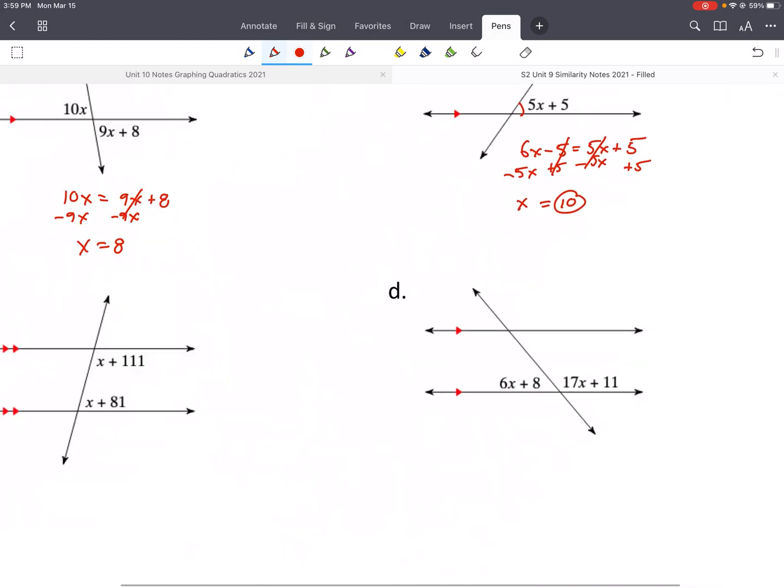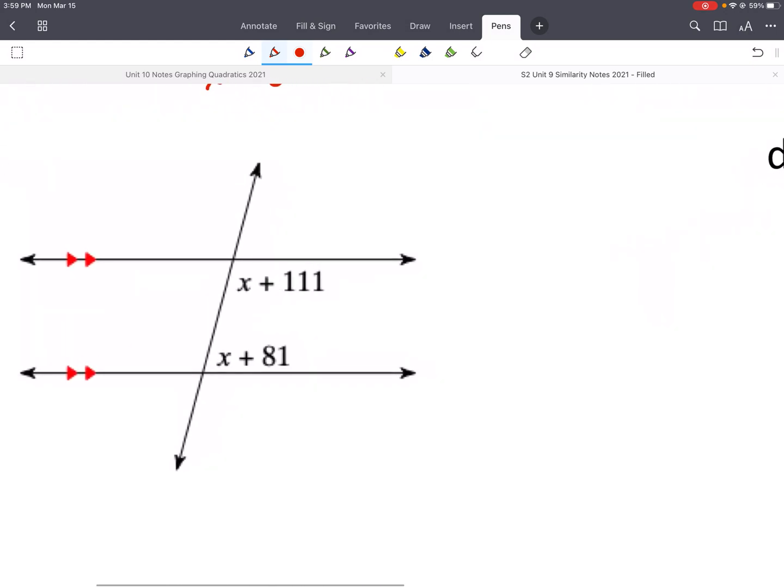Just a couple last examples. These are same side interior angles, which means that they add up to 180. I mean, this angle is the same as this angle, if that helps. We just add them together and they have to give us 180. So x plus 81 plus x plus 111 is equal to 180.